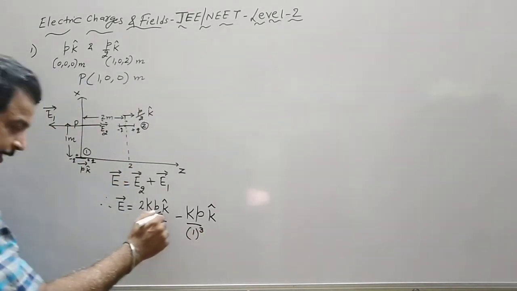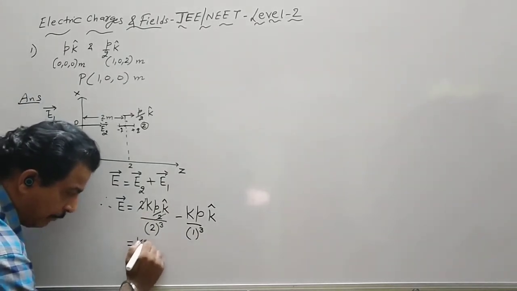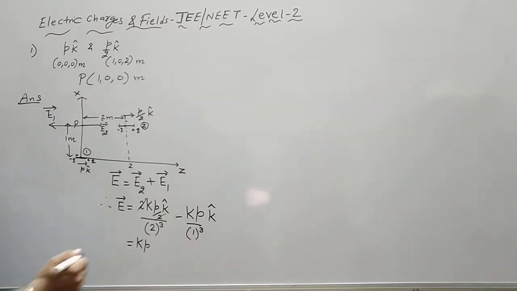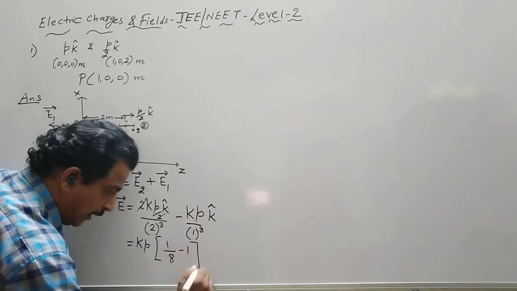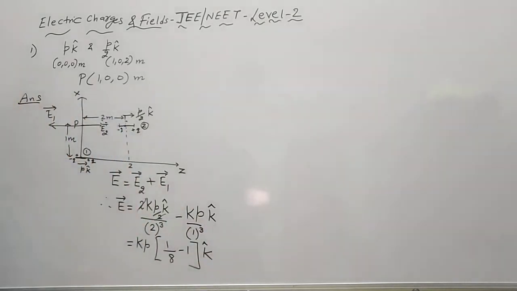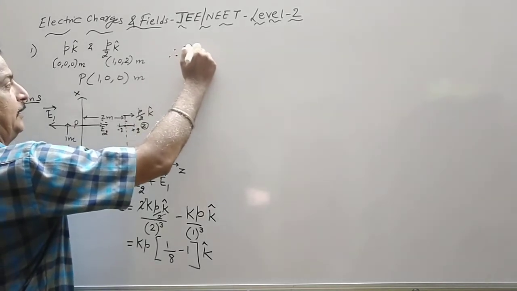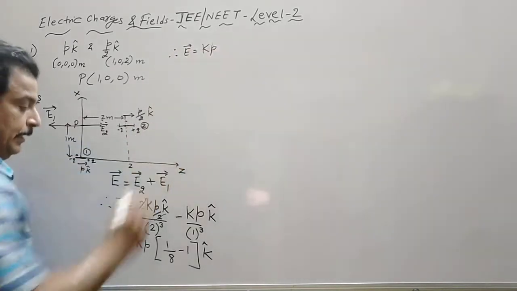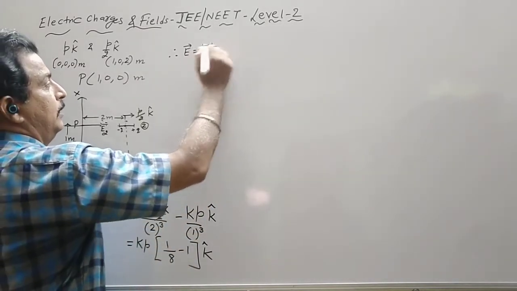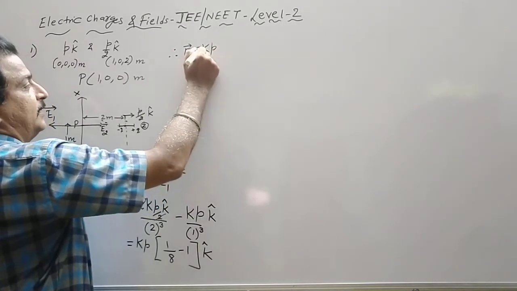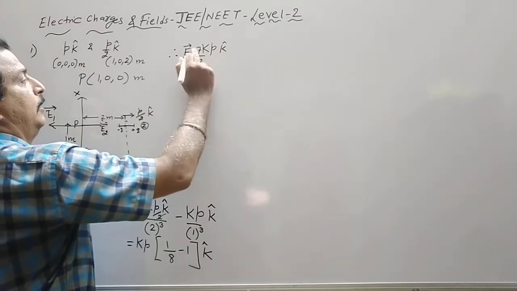So this 2 is cancelled. We simply take kp as common. Within the bracket, we are left with 1 by 8 minus 1, and the direction will be k cap. Therefore, E resultant is equal to kp, and 1 minus 8 becomes minus 7, so I write here minus 7 k cap upon 8.